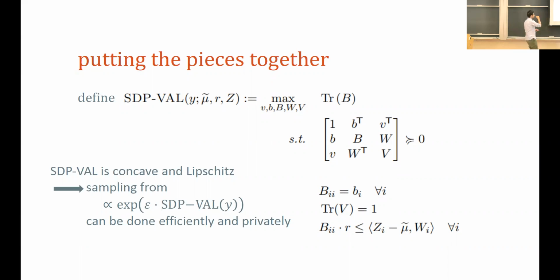Sorry, it's not present in my slide. So specifically at each point mu tilde, we compute the score function for the direction y. Now it can be proven that this score function is going to be Lipschitz and concave, so we can run the exponential mechanism for this score function efficiently and privately.